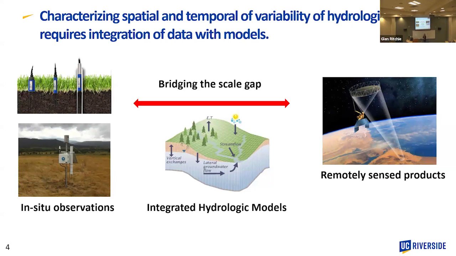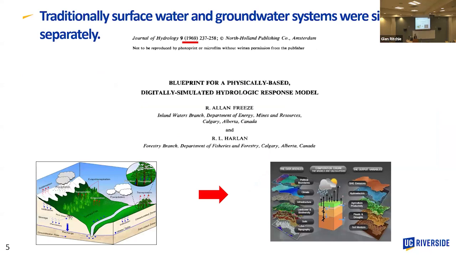Or if I'm using a satellite product, the spatial resolution of SMAP is 36 kilometers. That's not a scale that is relevant for agricultural water management. So we somehow need to bridge this gap between point observations and satellite observations, and numerical models can serve as the main tool to bridge this gap in our observations.